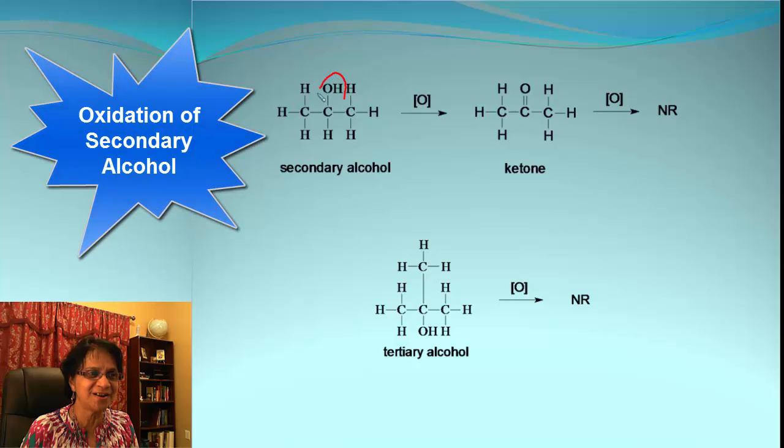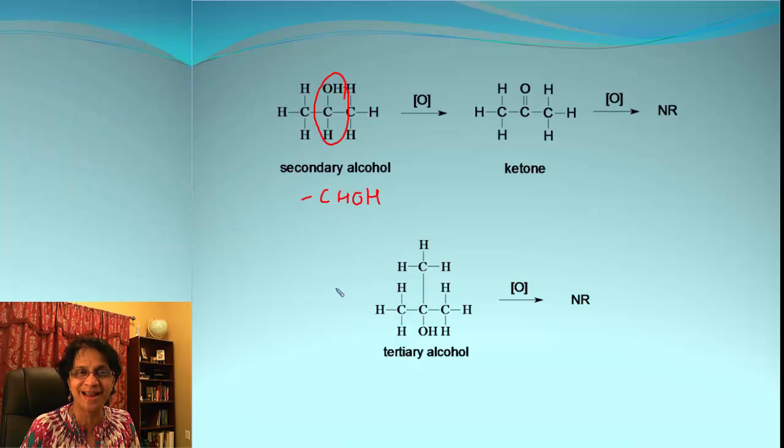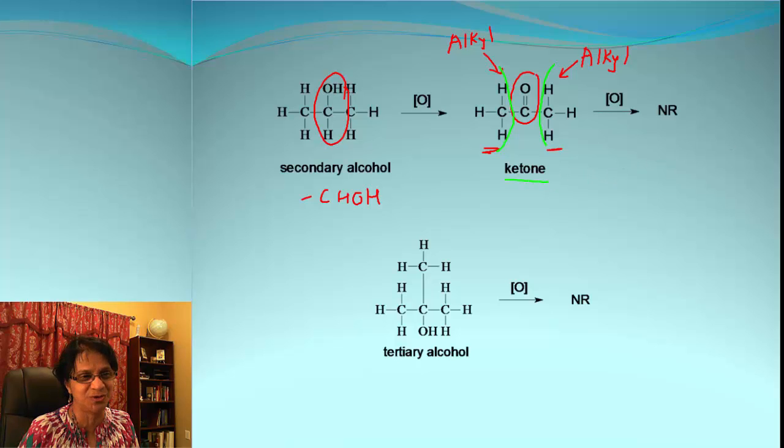Here is our secondary alcohol, and the group which we have is CHOH, one hydrogen atom attached to that carbon atom. When we oxidize that, what do we get? So look at this. We got two alkyl groups separated by a carbonyl group, and we call that a ketone.